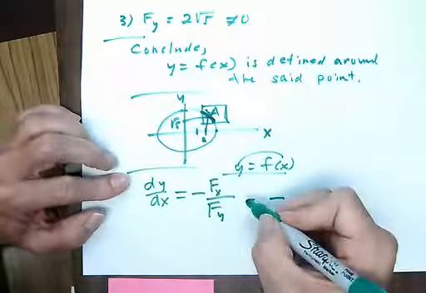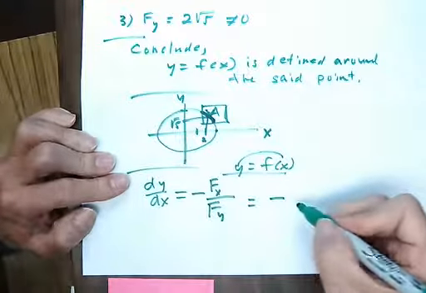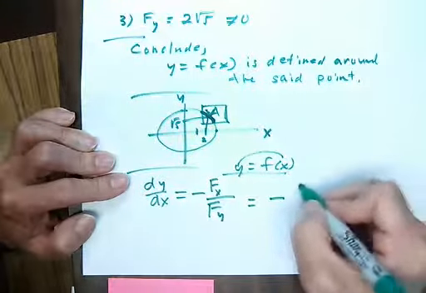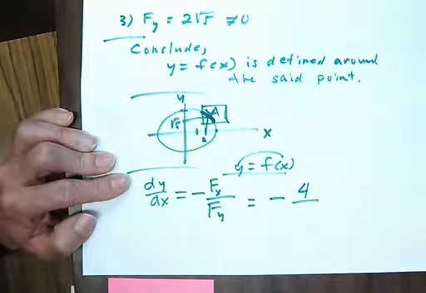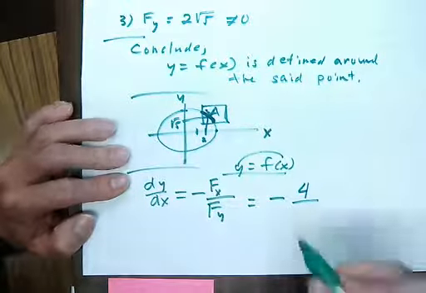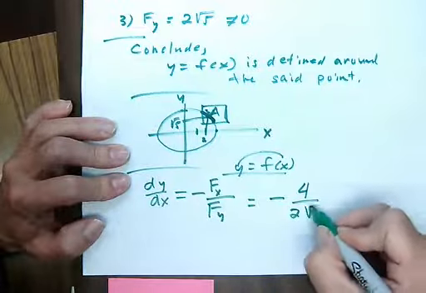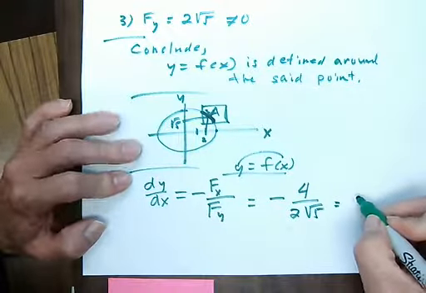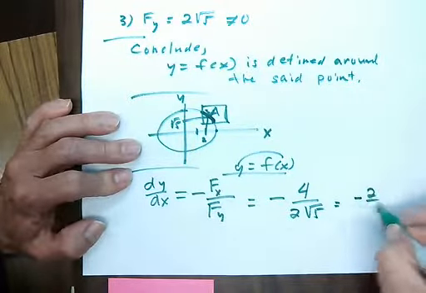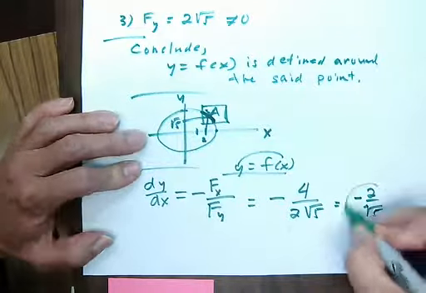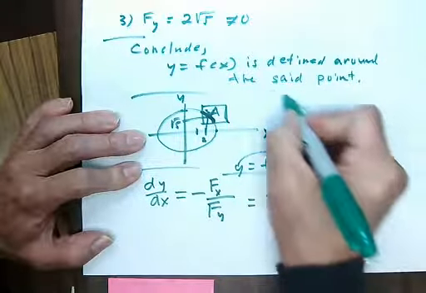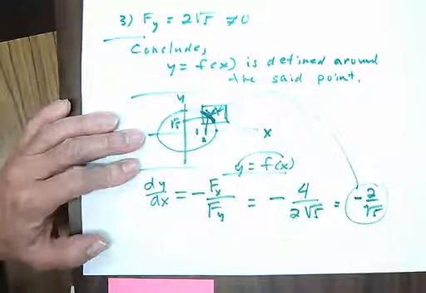Just substituting, we already solved for Fx, which was equal to 4, and Fy evaluated at the said point was 2 times the square root of 5, so this is equal to minus 2 over the square root of 5, and that is the slope of our circle at point A.